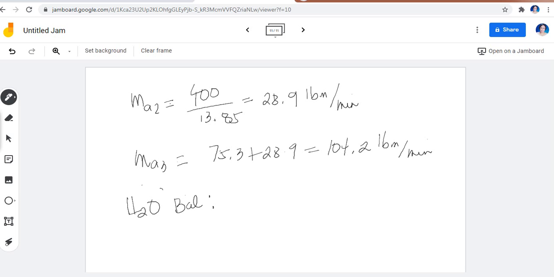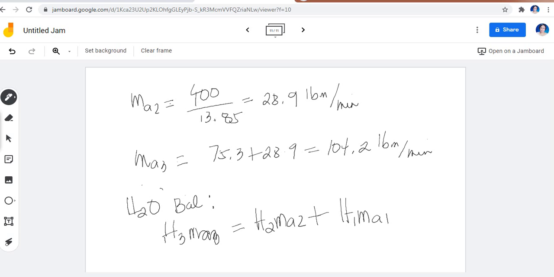So that would be the humidity of the mixture times its mass flow rate, and that would be equated to the humidity of the second stream times its mass flow rate plus the humidity of the first stream times its mass flow rate.